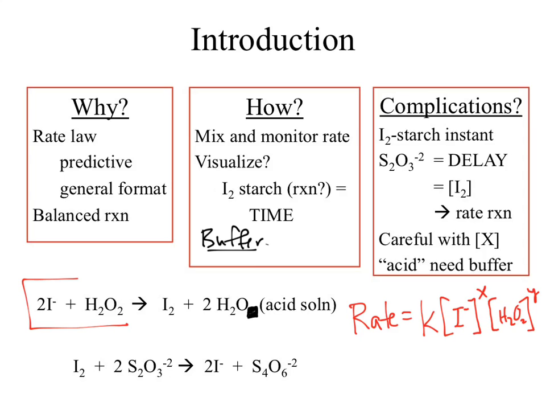Iodine very rapidly reacts with our thiosulfate, going back to iodide and the non-reactive form of our sulfur compound. When would it actually form our blue color? We need iodine for it to form blue. But iodine immediately reacts with the thiosulfate. When could we see that blue color?